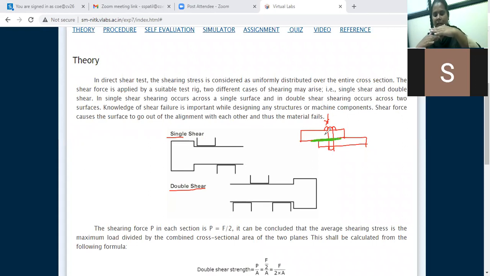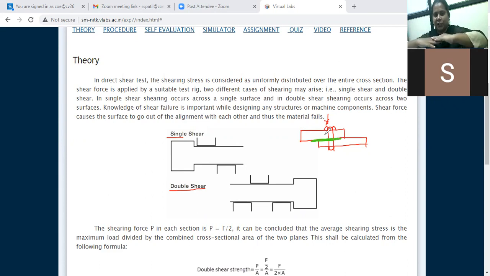Then we connect two plates. I have connected these two plates by using a rod and I am applying load. It may be either tensile or compressive. Suppose I have applied tensile load. At that time my both hands move towards the outward side, and in between these two hands shearing occurs.